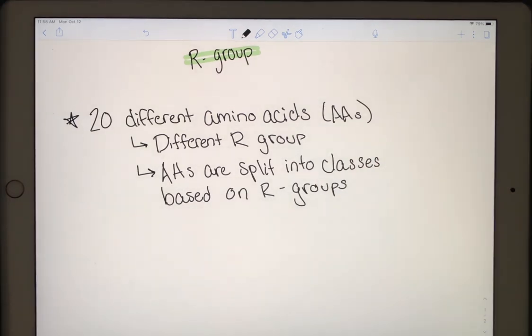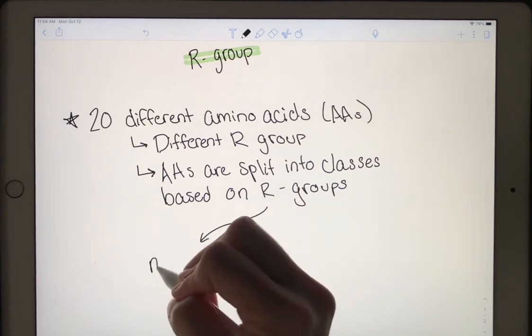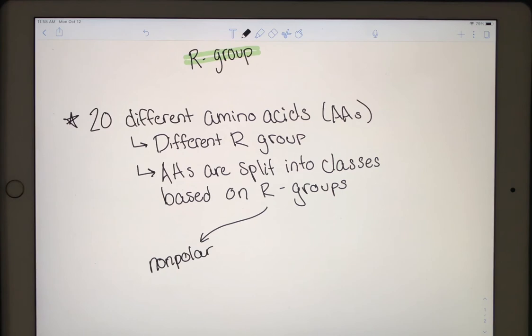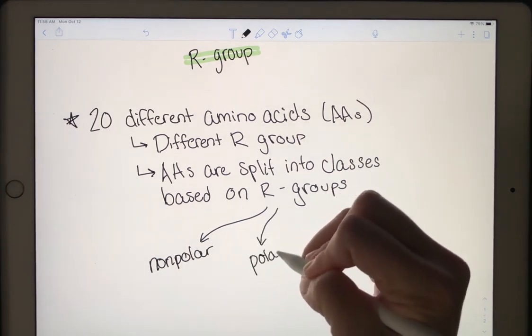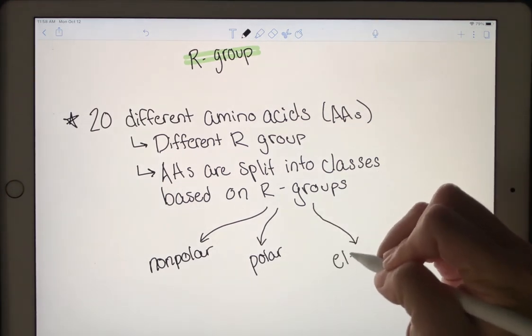So you may have some R groups that are nonpolar. Remember, those electrons are being shared evenly. Some R groups may be polar. And some R groups may be electrically charged.